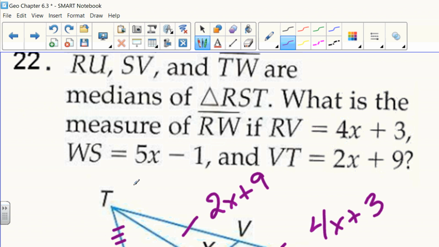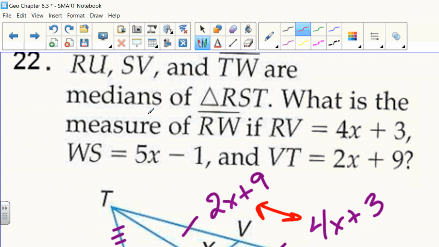And it wants to know what is the value of RW. Do we have anything that is congruent or equal in this? Because aren't these two lengths here congruent?